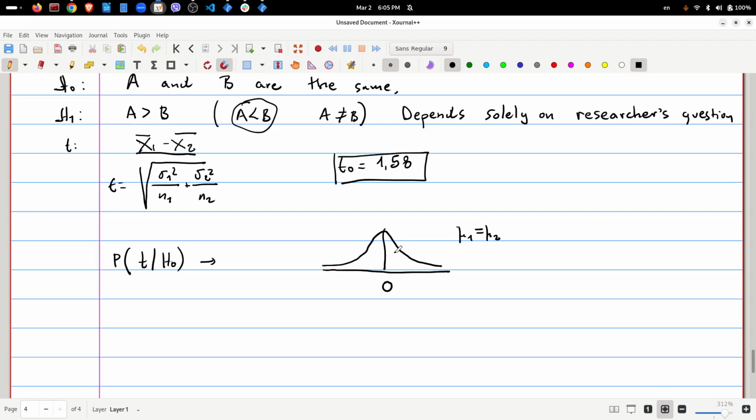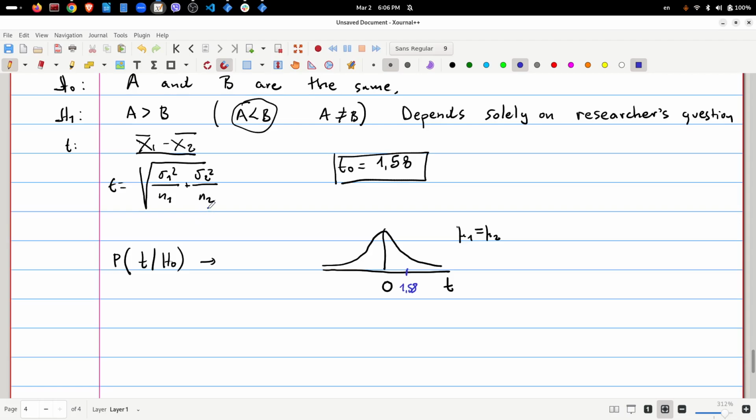So it's a distribution that's around 0, and my t value. So this is the distribution of t, and my t value, let's say that it's somewhere here, this is 1.58. And since my alternative hypothesis that a is greater than b, it means that this value will become more positive.